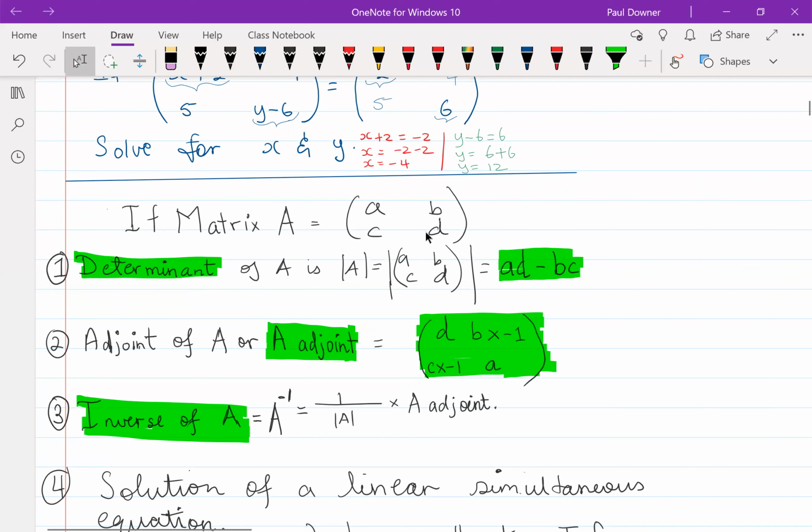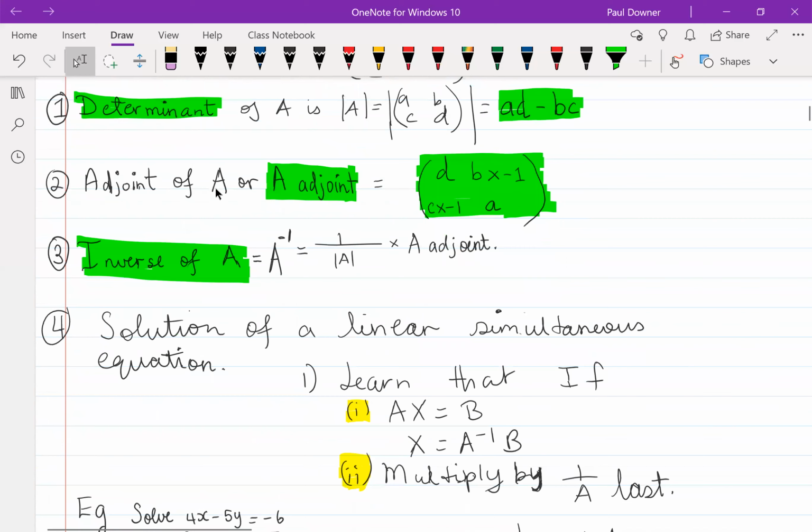This is a general form of a 2 by 2 matrix. The determinant of A is written with these 2 vertical lines on either side, and what it means is that you find the product ad and you subtract from it the product bc. In other words, you multiply these 2 numbers and subtract from that answer the product of these 2 numbers. That's how you get the determinant.